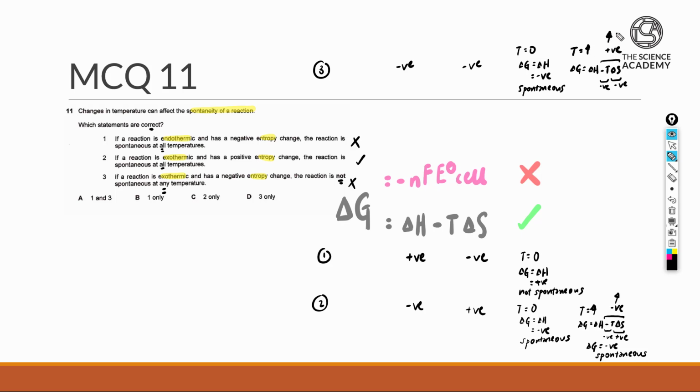There's a chance that this positive value is much bigger than the negative value of the enthalpy. So delta G could likely be more than 0, and this is not spontaneous. So for this profile, the spontaneity actually decreases as temperature increases. So instead of saying it's not spontaneous, it's only not spontaneous at high temperature. So the only correct statement here is statement number 2 or option C.